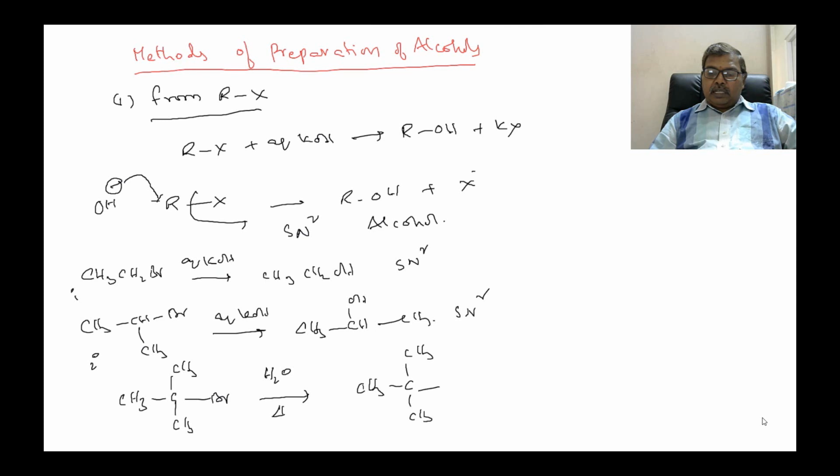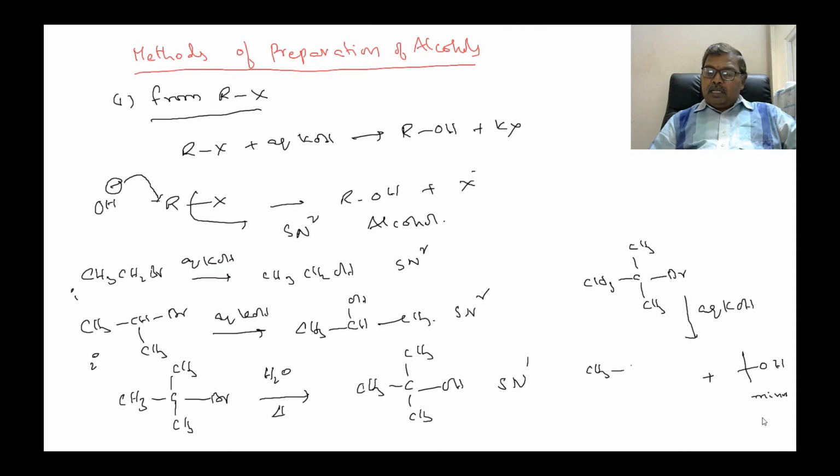This reaction takes place via the SN1 mechanism. Suppose in case of tertiary alkyl halides you use aqueous KOH, tertiary butyl alcohol is formed, but it is minor only.